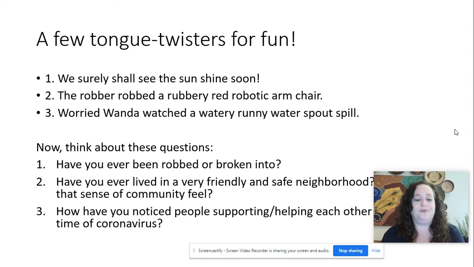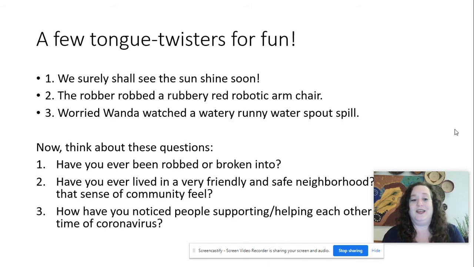Number 2, have you ever lived in a very friendly and safe community or safe neighborhood? How did that sense of community feel? Do you feel that here, right now, in your neighborhood, in Atlanta area?